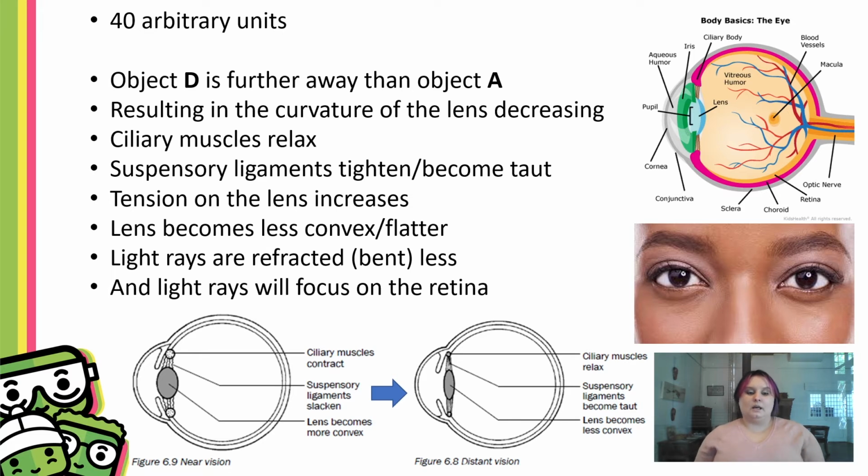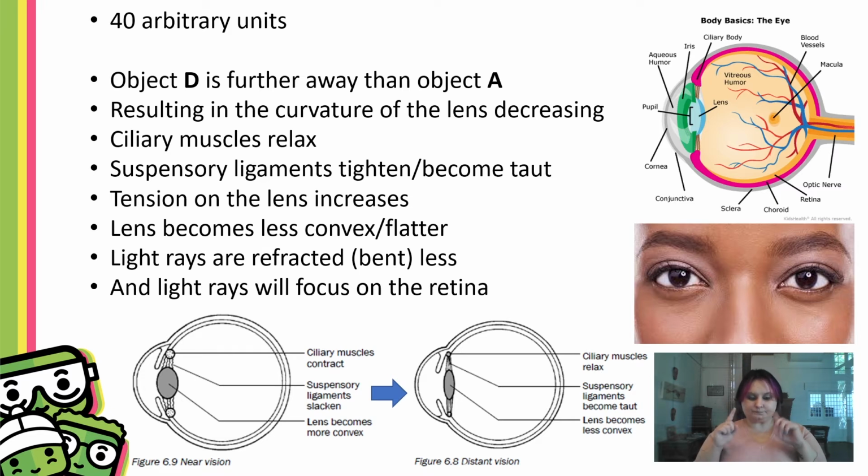And so the curvature of the lens is controlled by two parts of the eye. There are the ciliary muscles and the suspensory ligaments. So the ciliary muscles are connected to part of the eye.